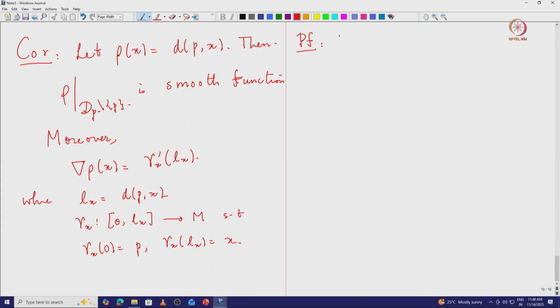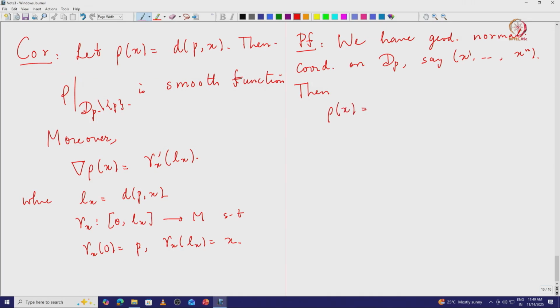Well, so we have geodesic normal coordinates on dp. Say you label the geodesic normal coordinates by x1 to xn. Then we have seen earlier that radial geodesics basically minimize distance.